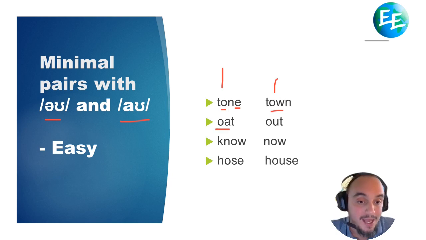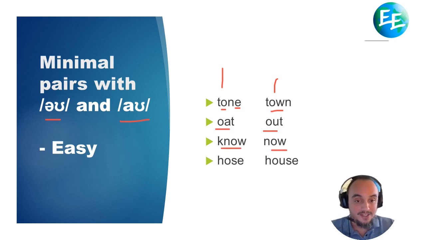Oat, OA to get that O sound, and out, OU to get that ow sound. And we have no and now. So here's an example where it's the same OW, it's the same combination, but they have different pronunciations, so it tells us the meaning of the word.